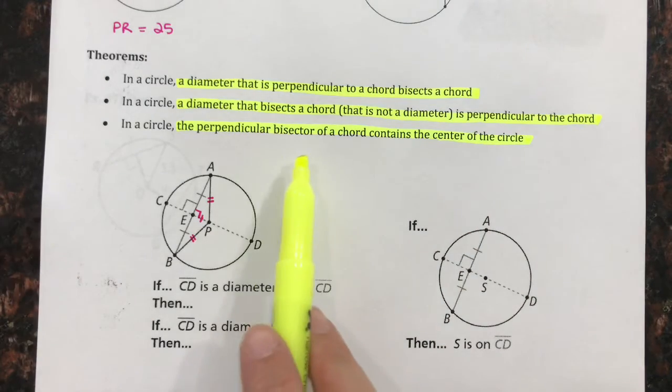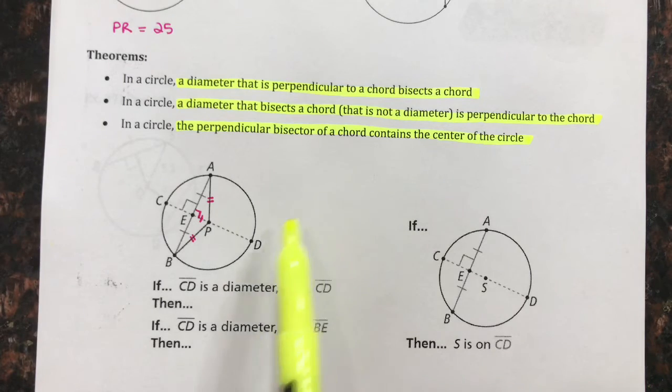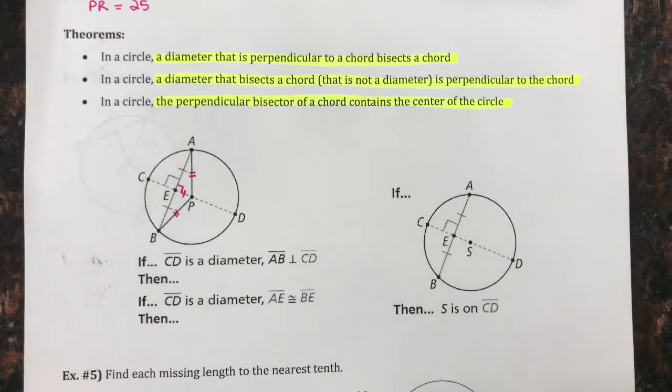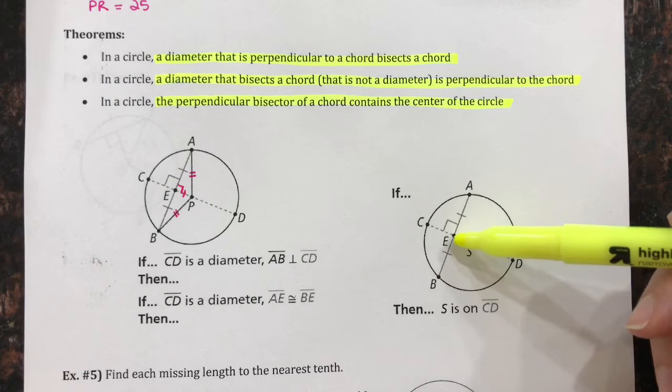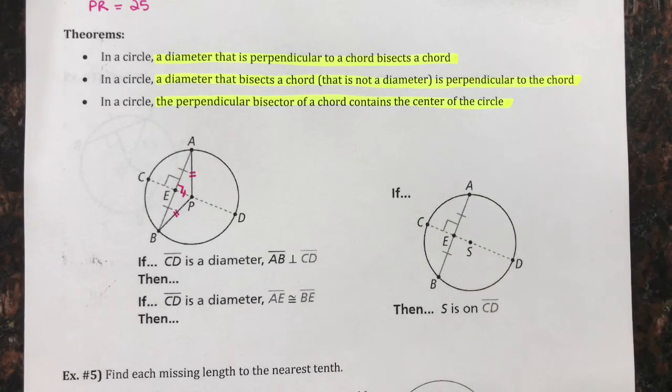Because we know that if it's the perpendicular bisector, it has to be the diameter, okay? So if you guys look at this picture over here, if you have a perpendicular bisector, that means it goes through point S, which is the center of the circle, okay?